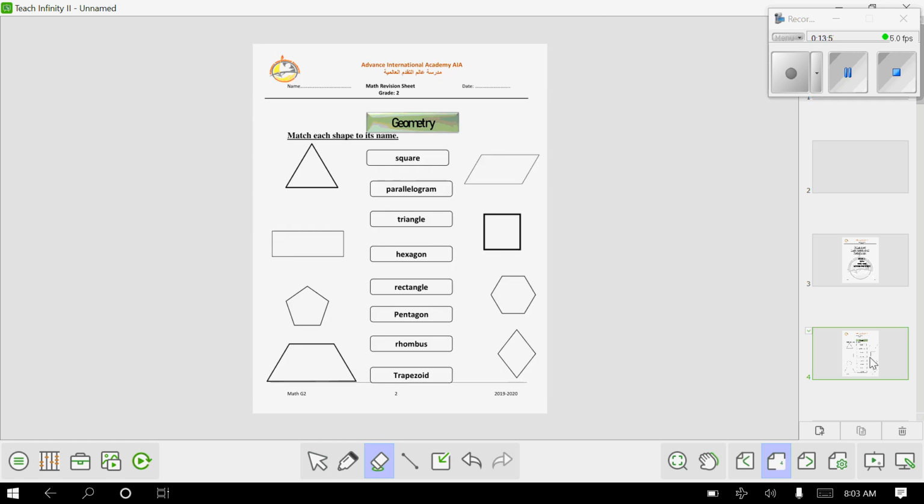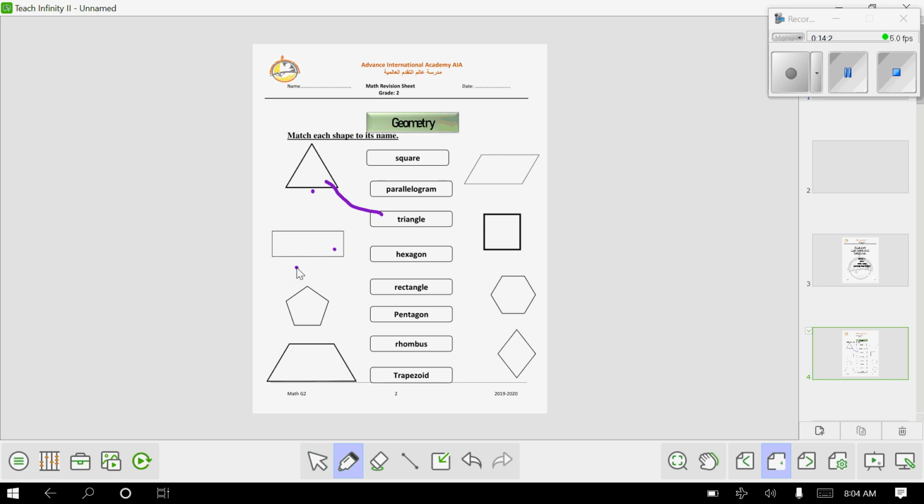Yes, this one. So here, match each shape to its name. The benefit of this page is that you know how to write the name of each shape. So the first shape, what do you call it? Perfect, it's a triangle. What do you call this shape?